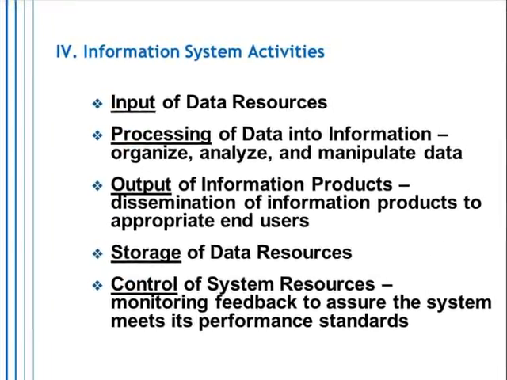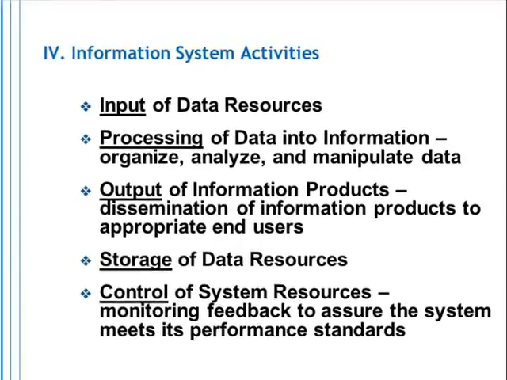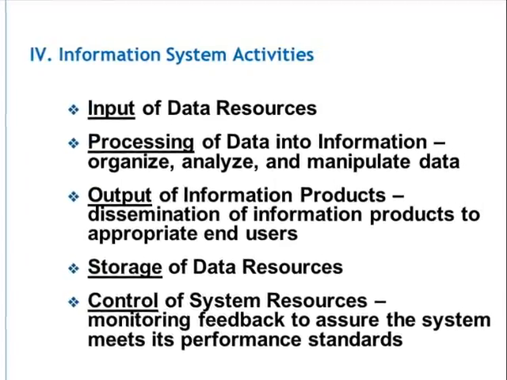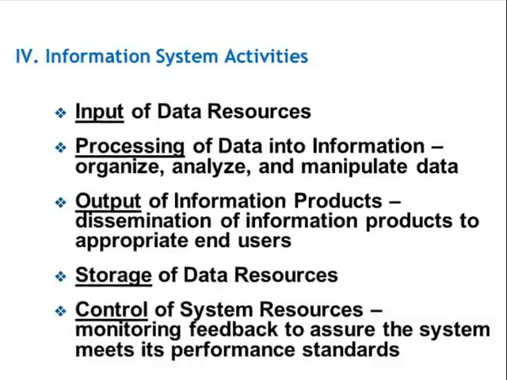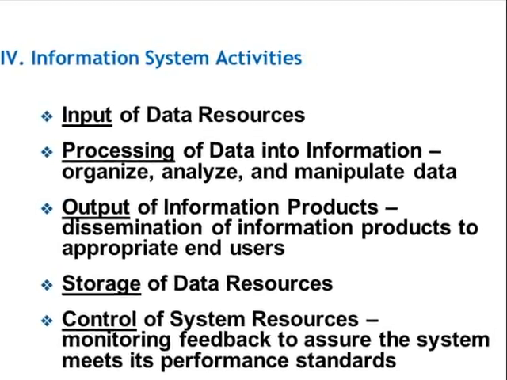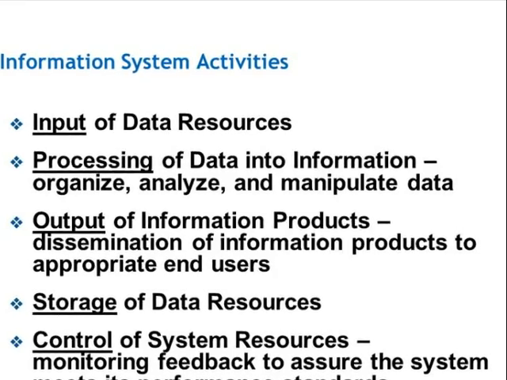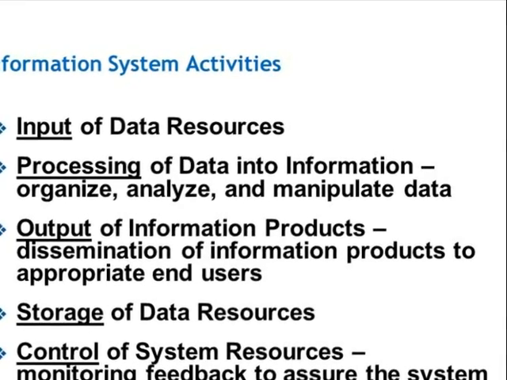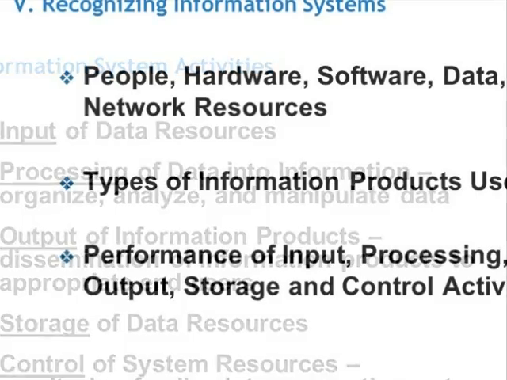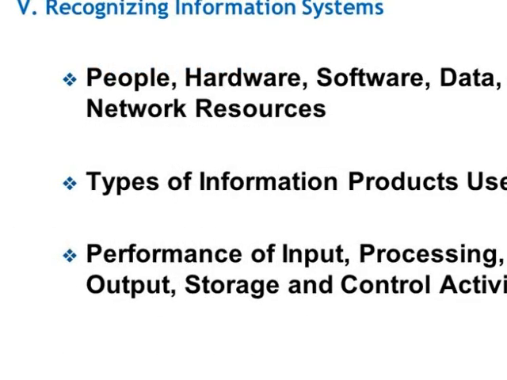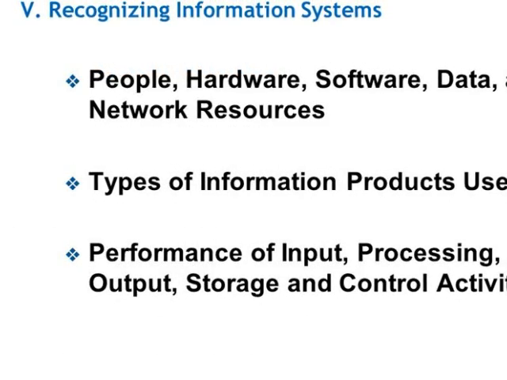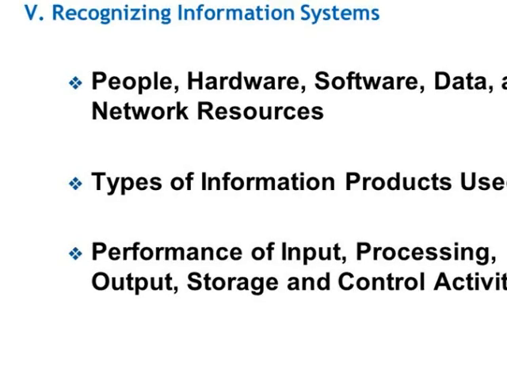So, to summarize, the system activities are input of data resources, processing of data into information, output of information products, then it's stored, and then there's a control piece to monitor to make sure that it's effective and efficient. We will say then that an information system is composed of people, hardware, software, data, and network resources.